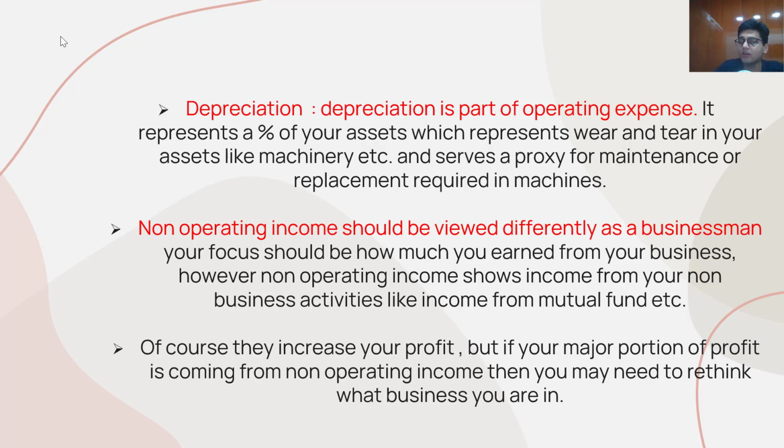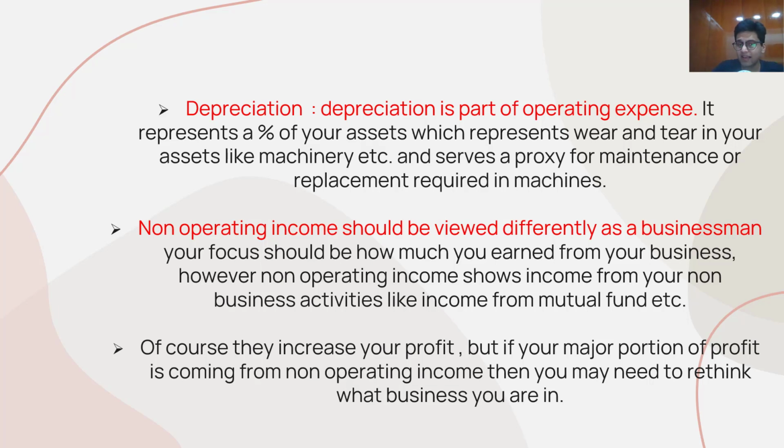Depreciation is a non-cash expense. What I mean by that, we will discuss in length when it comes to the cash flow statement. But right now, just understand depreciation represents a proxy or an estimate of how much your machines have deteriorated during the period which we are looking at.